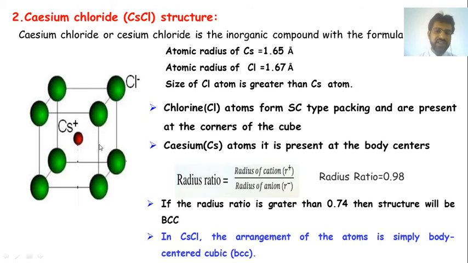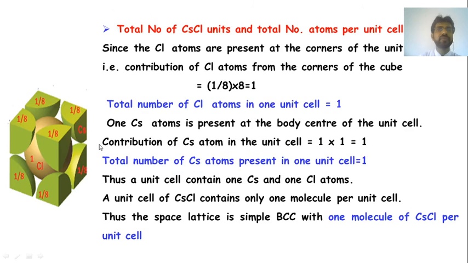In CsCl, the arrangement of the atoms is simply a body-centered cubic structure in which the 8 Cl atoms are present at the 8 corners of the unit cell and the 1 Cs atom is present at the body center of the unit cell.